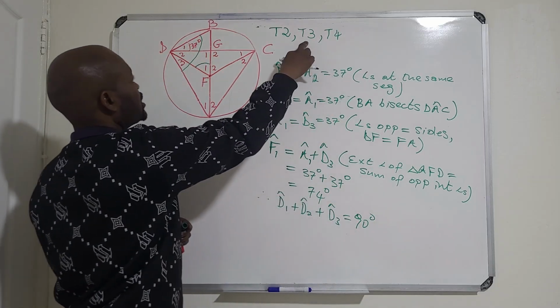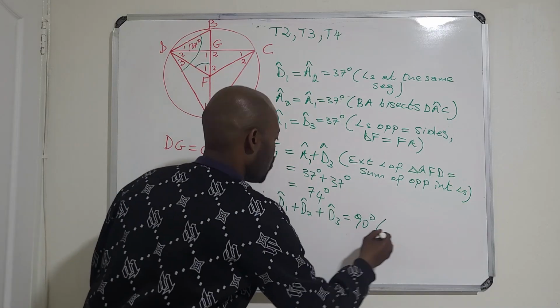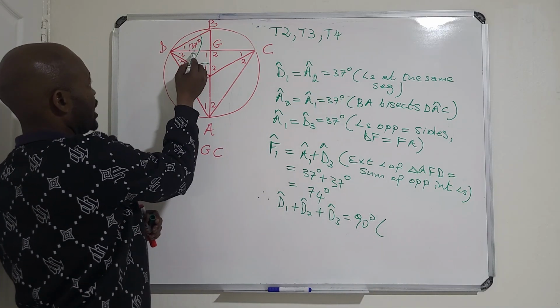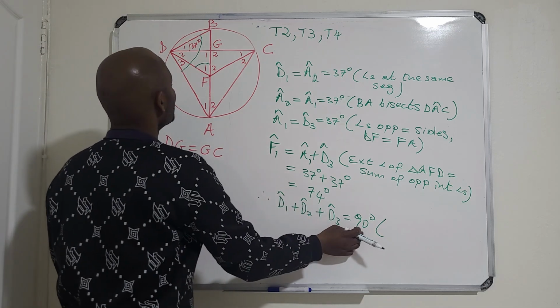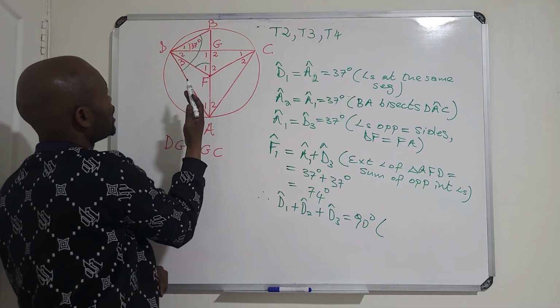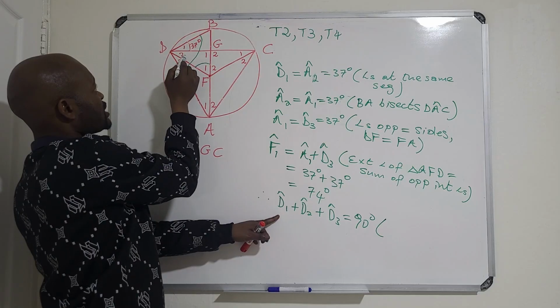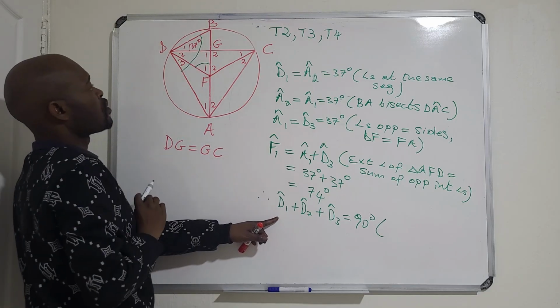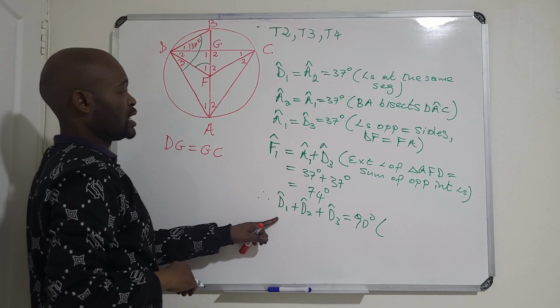We've said it that there's theorem number 3 there. Why are we saying this angle plus this angle plus this angle is equals to 90 degrees? Because this whole angle is subtended by a diameter. And this whole angle is the same as adding this plus this plus this.